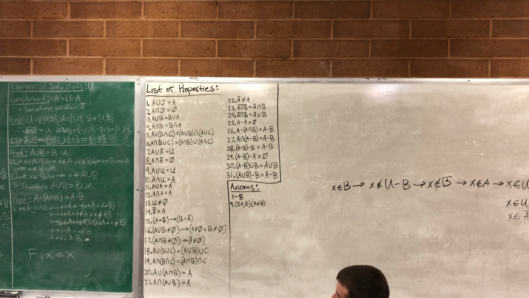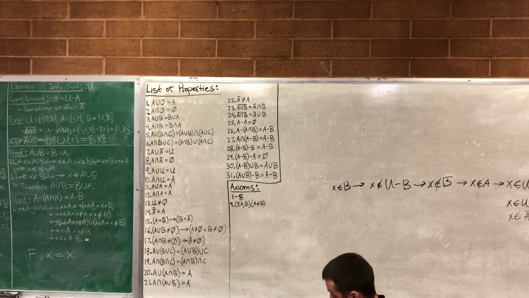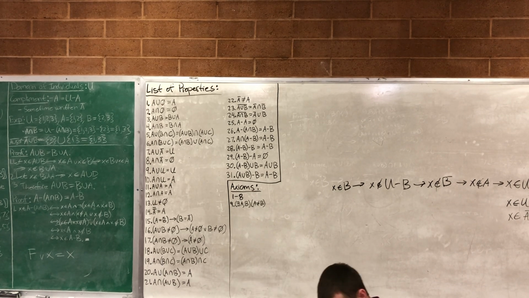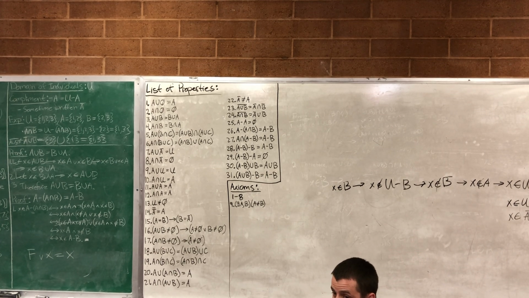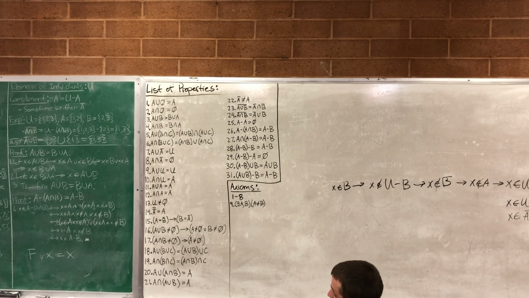Okay, 16. If A union B is not the empty set, then one of those two sets was not the empty set. Makes perfect sense. The way you would probably prove that is contrapositive. Not this implies not that.